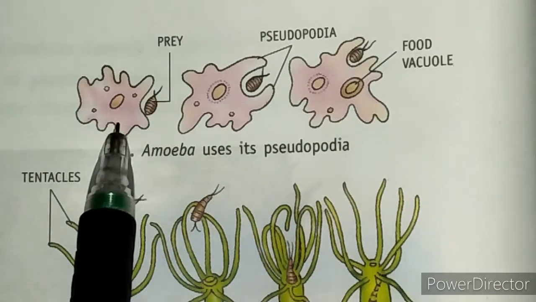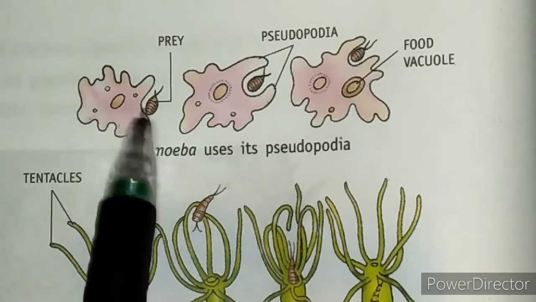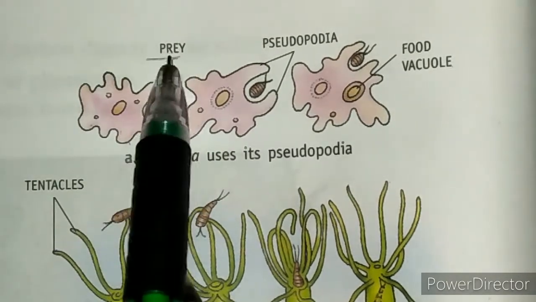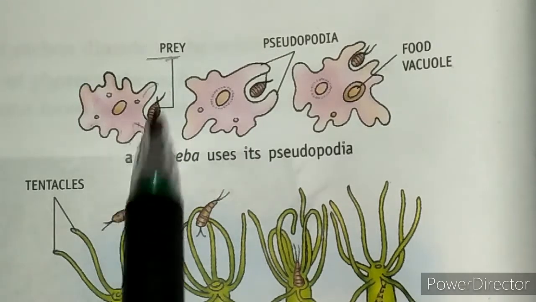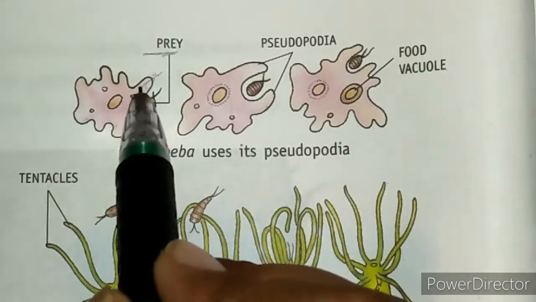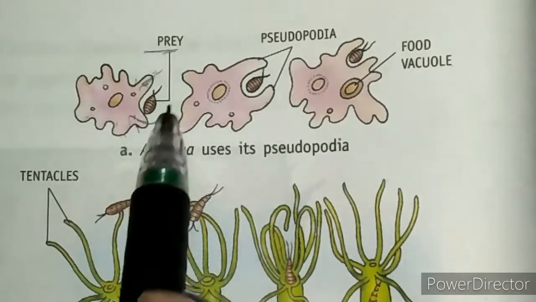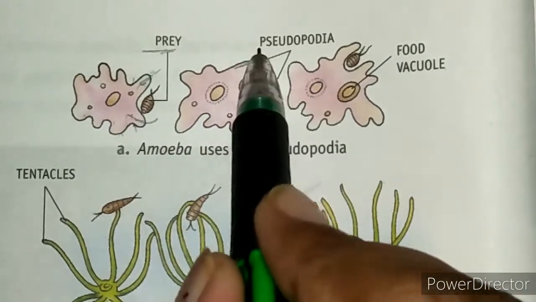Amoeba has an irregular body structure, and when it needs to have its prey, that means its food, then it makes its appendages that are false feet, so they are not the exact feet of this, and these false feet are known as pseudopodia.